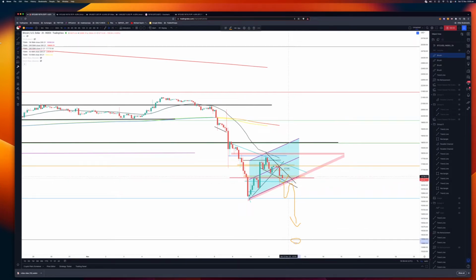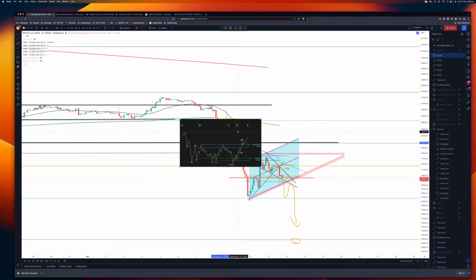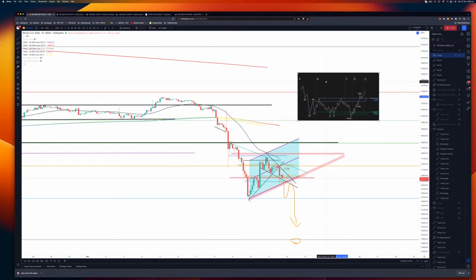Or we could have this accumulation model of some sort, where it doesn't necessarily have to be that, but what we can do is, this is our selling climax. It is a drop of, what is that percentage?